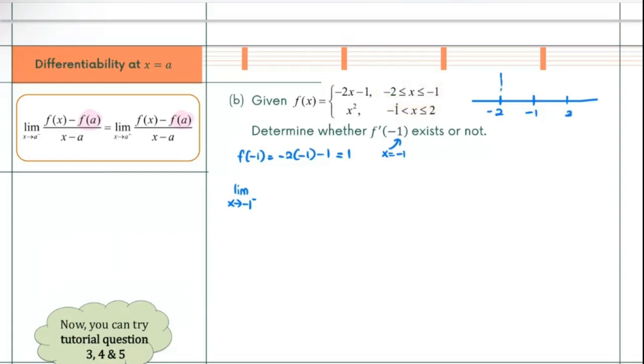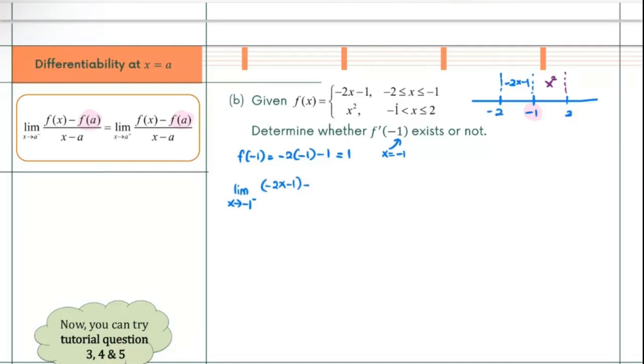So negative 2 until negative 1, function kita adalah negative 2x minus 1. Dan antara negative 1 until 2, this region, the function will be x squared. So negative 1 kita yang mana satu? This one. Ni negative 1 kan? So negative 1 kiri, function kita adalah negative 2x minus 1.